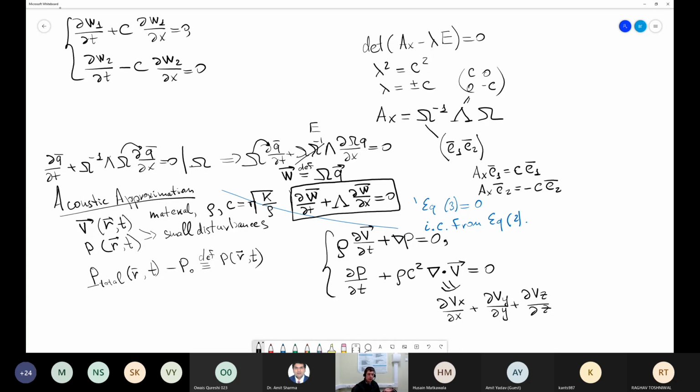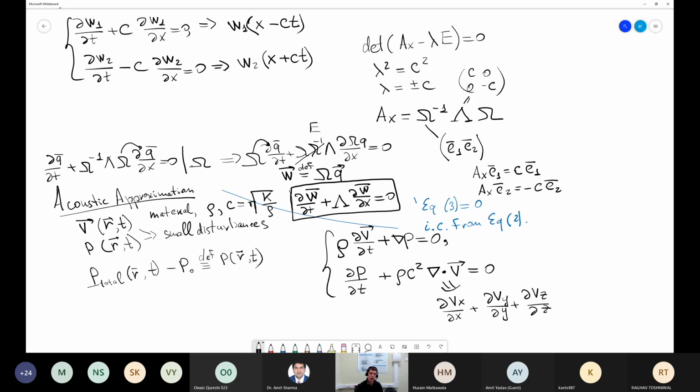And we remember this is a linear transport equation with a constant coefficient, c and minus c. So the solution we know: w1 is any function of x minus ct. And here we will obtain the same result, but with the other sign: w2 is any arbitrary function of x plus ct.